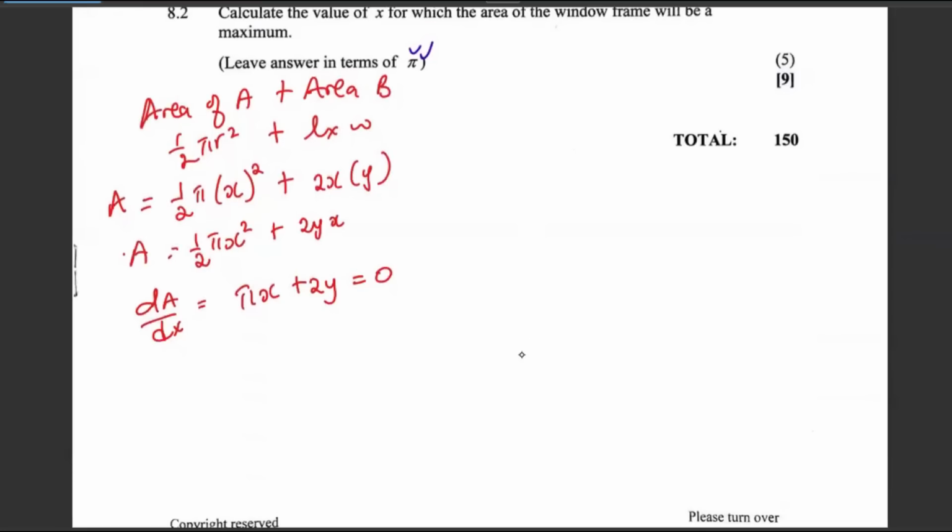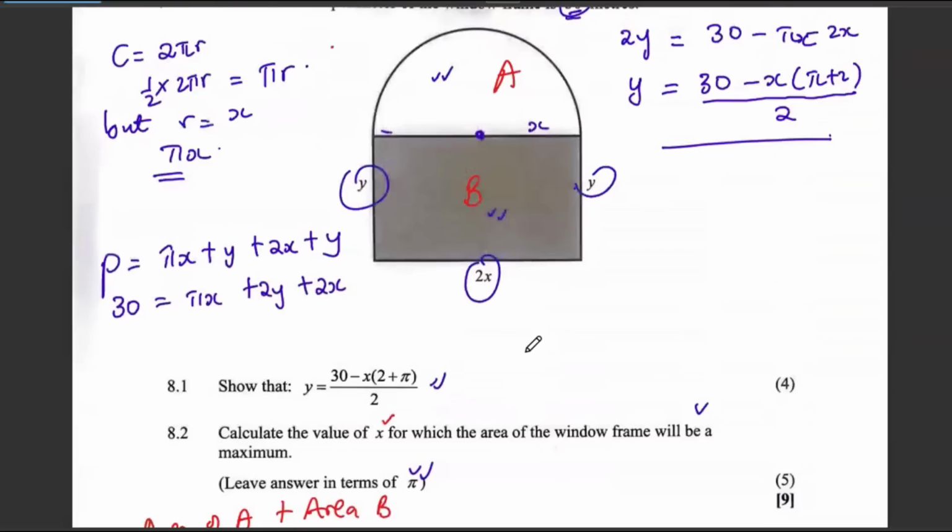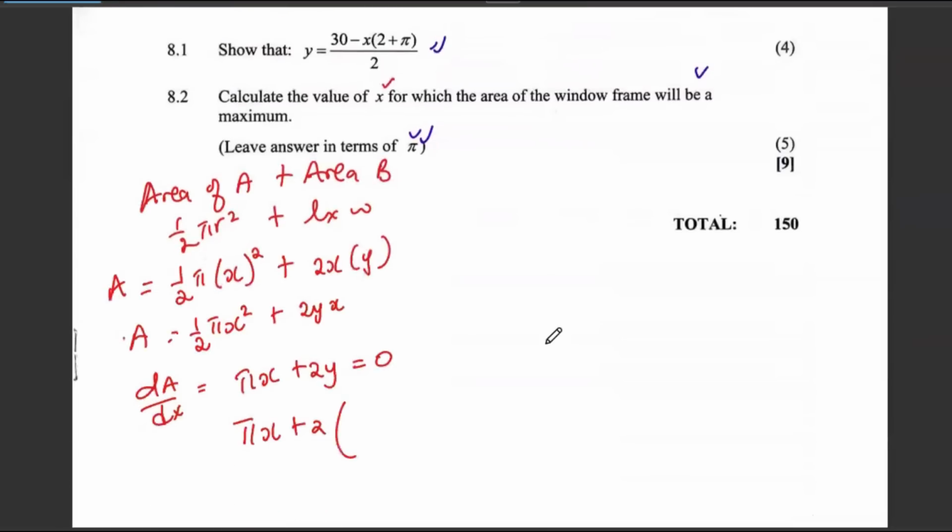Okay, so I'll be left with pi x plus 2, then our y was 30 minus x into 2 plus pi, all this over 2 is equal to 0.